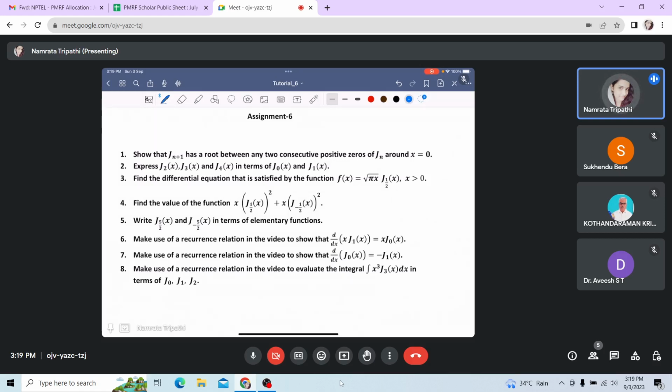Is there any relation between Zn and Zn plus 1, Zn minus 1? Because you have to express Z2 in terms of Z0, Z1. Ma'am, Jn plus 1 of x is equal to 2n by x Jn of x minus Jn minus 1 of x. Is it correct? It is the correct answer.